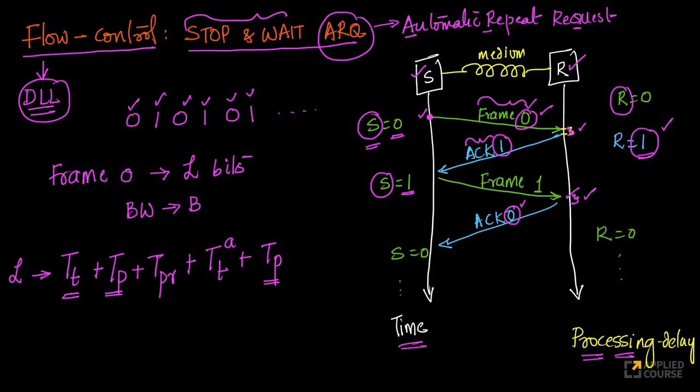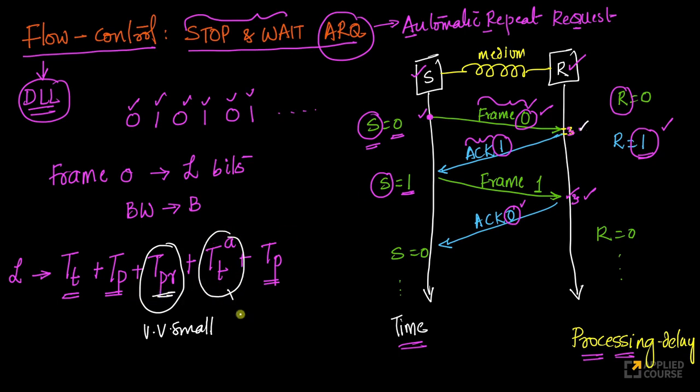In this equation, the processing time can be ignored as very, very small. What it does in the processing time is simply check the checksum. Again, we'll discuss how error checking is done. It's a very simple check which can be done in hardware itself, so it's extremely fast, and we can ignore it for all practical purposes.